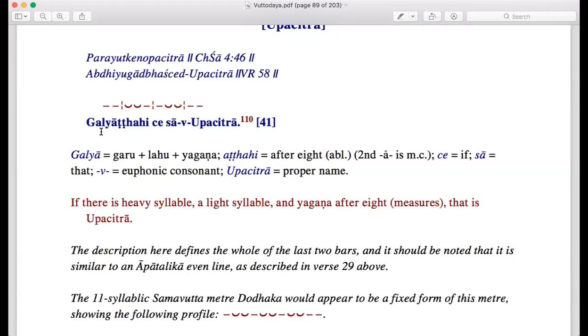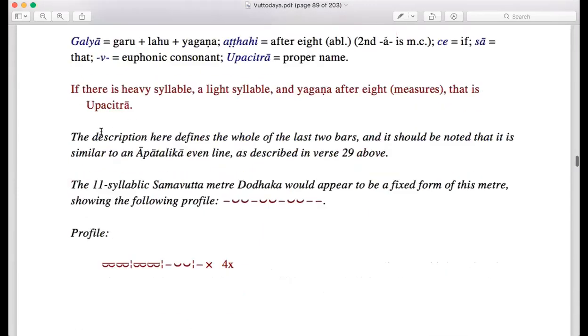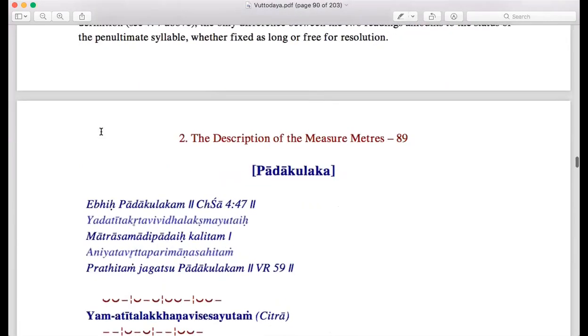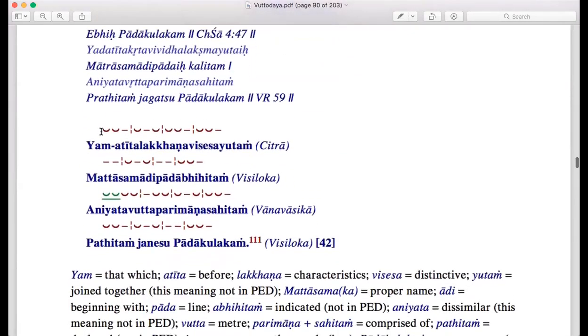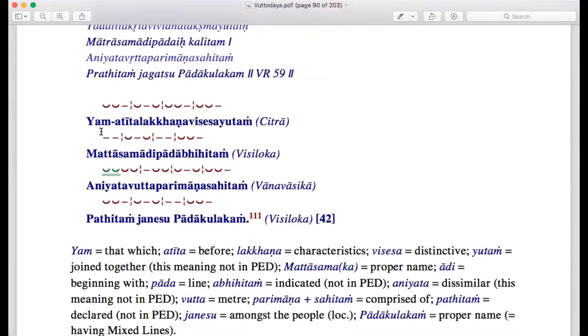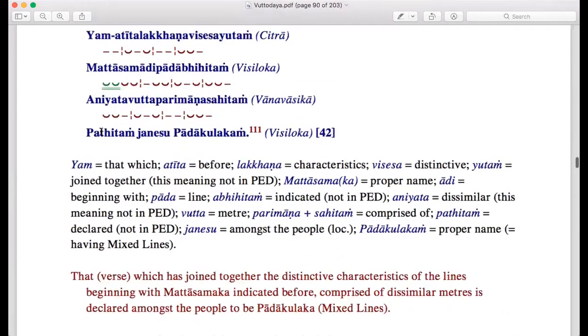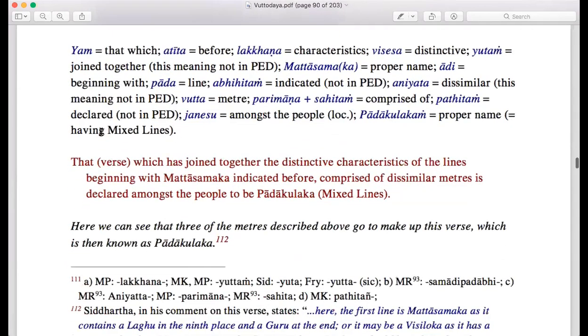Okay, so let's go to the next verse. It's the last verse. Pada kulaka. Yam atita lakkana visesa yutang matta samadhi pādābhivamsa aniyata vutta parimāna sahitang pathitang janesu pādā kulakang. So this is just the mixture of the verses we learned in this chapter.